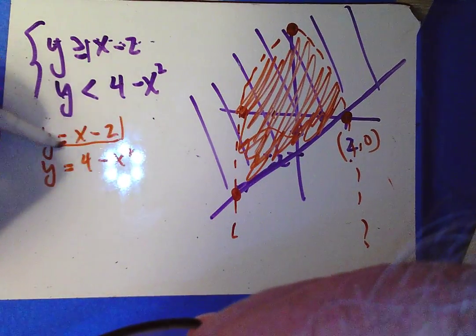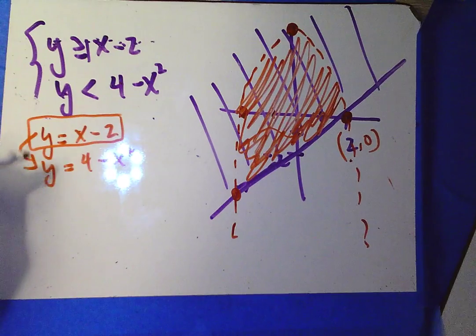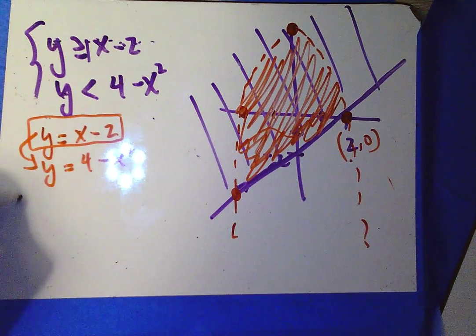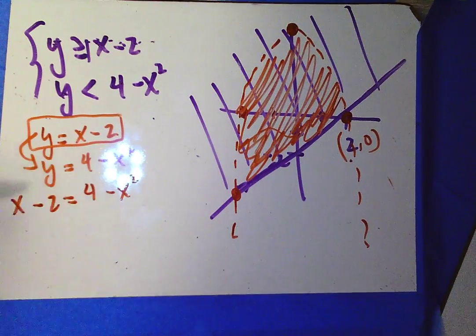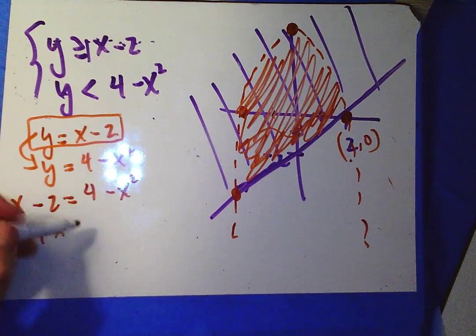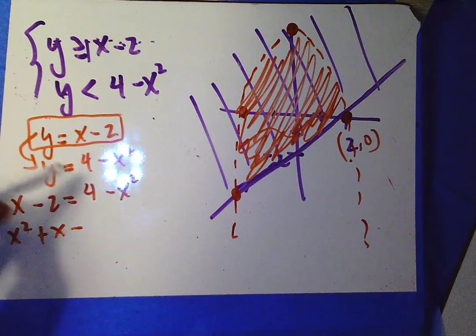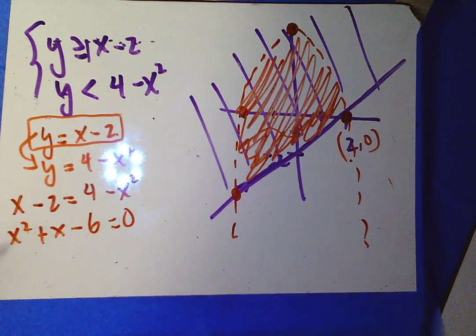Let's use substitution this time. Where I see y, I'm going to replace it with x minus 2. So x minus 2 equals 4 minus x squared. And then I'm going to add x squared to both sides and subtract 4 from both sides. There it was. I had a sign mistake. Equals 0.